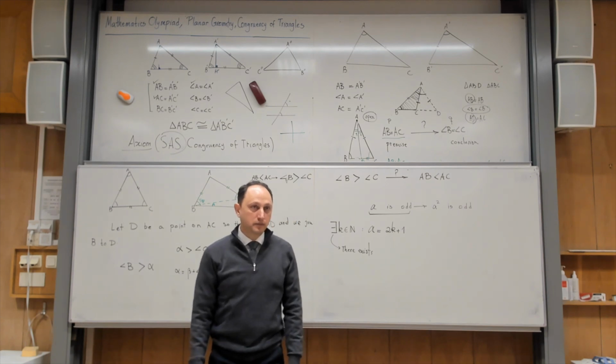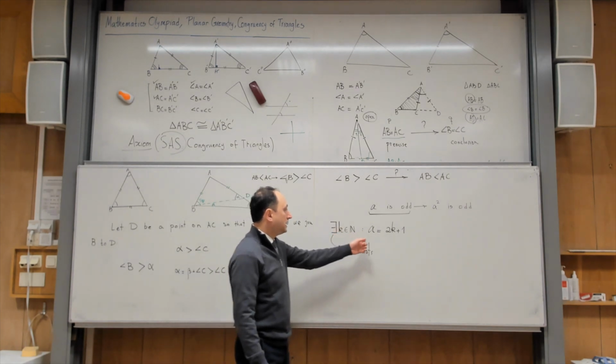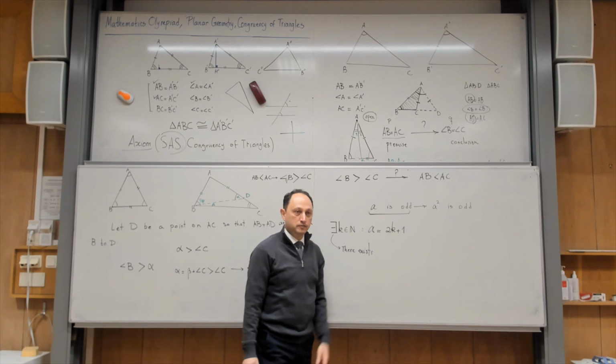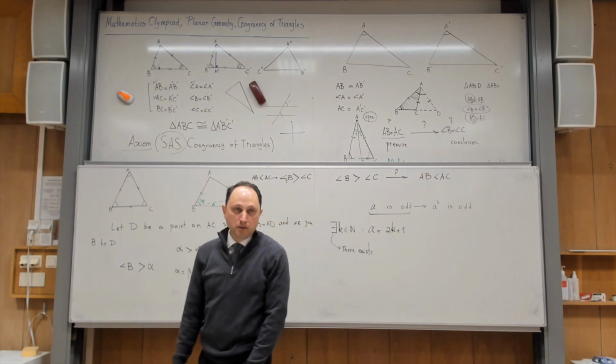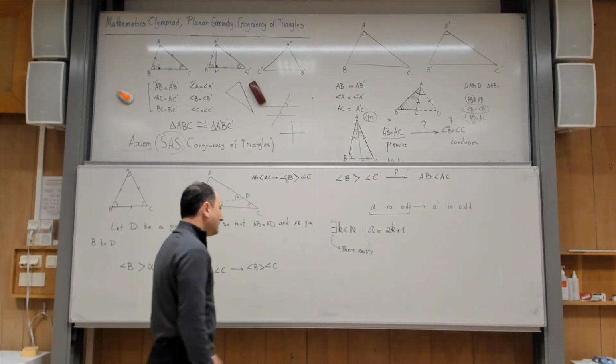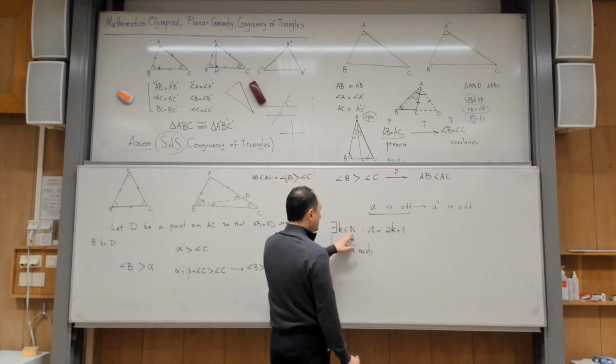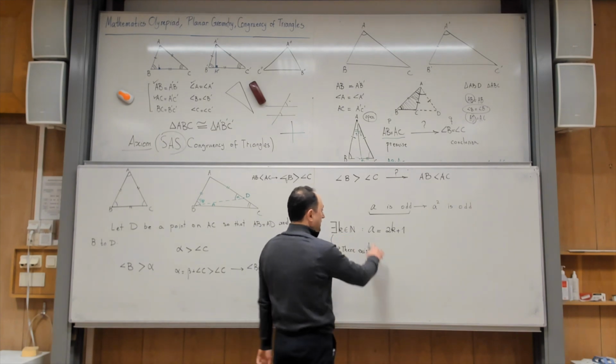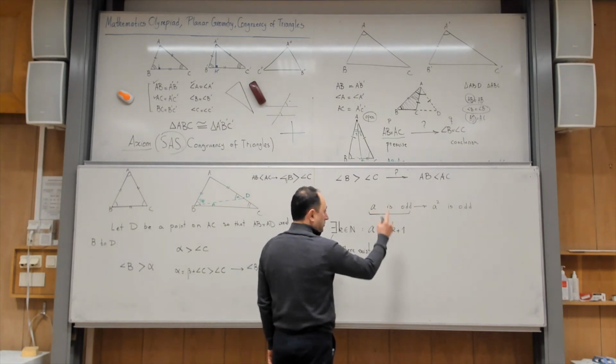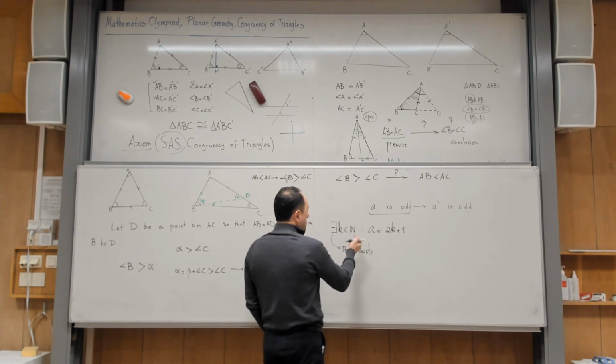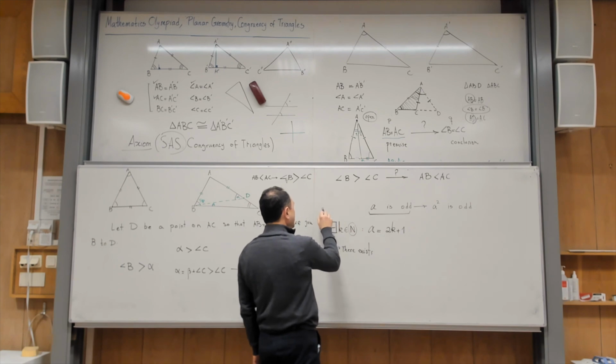Is that understandable? When I say that a number is odd, it is a multiple of 2 plus 1. Of course, here I also need to consider 0, because A equals 1 is also odd. In European school, when you say the set N, you start from 0.